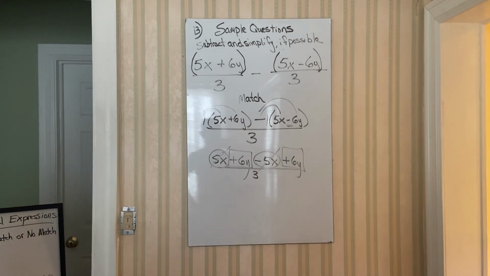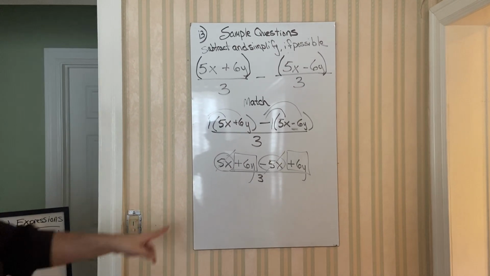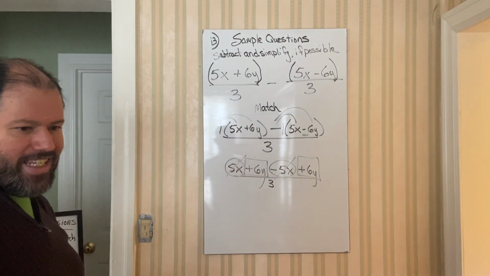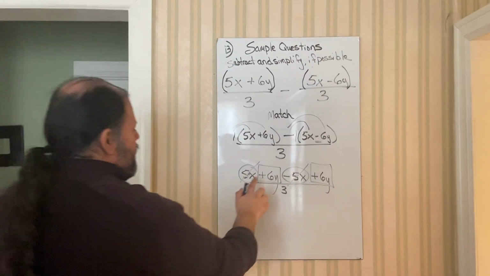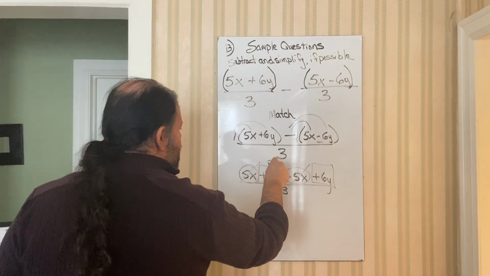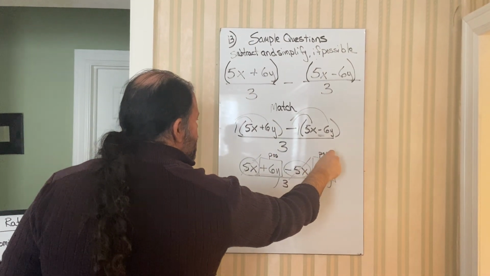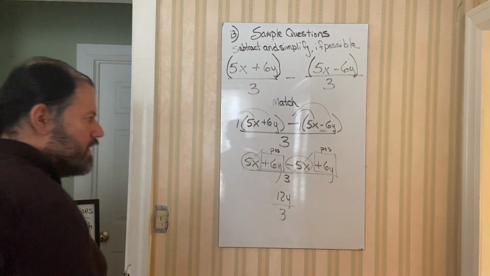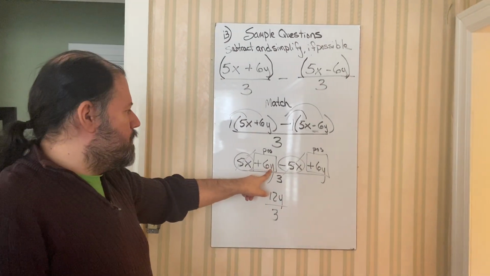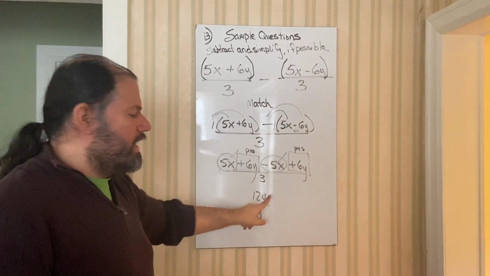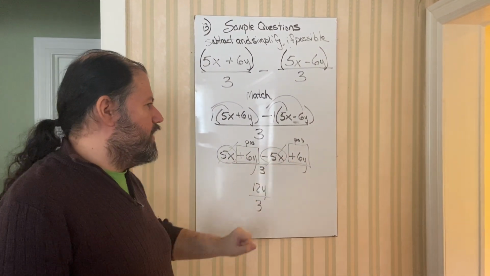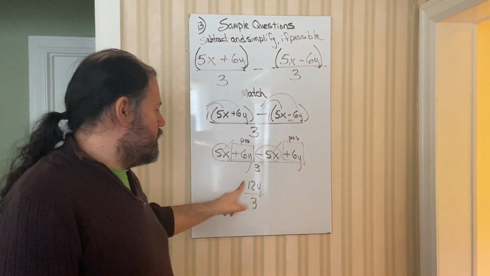So they're all gone. No more x's. Remember, these are what we called additive inverses. Remember how they cancel out? And then here, a positive 6y and a positive 6y is 12y. Remember, keep the same variable part. y stays y when you collect. Only collect the coefficients. 6 plus 6 is 12.